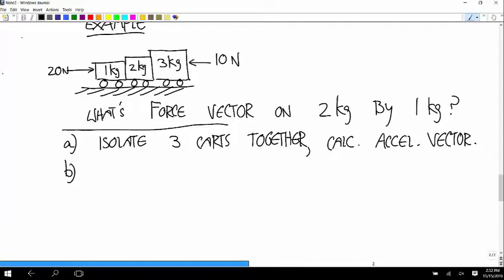All we care about is the boundary of our isolated system. If you don't know the acceleration yet. A case where you're given it is if you have objects stacked on top of each other in an elevator, then you already know their acceleration because you're given the acceleration of the elevator. And then you can skip that step.